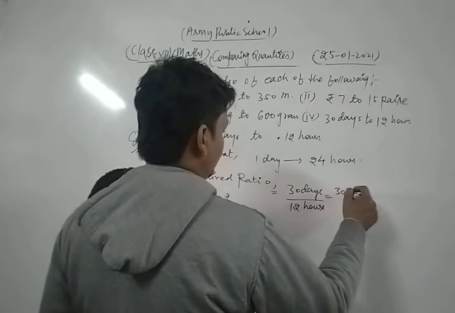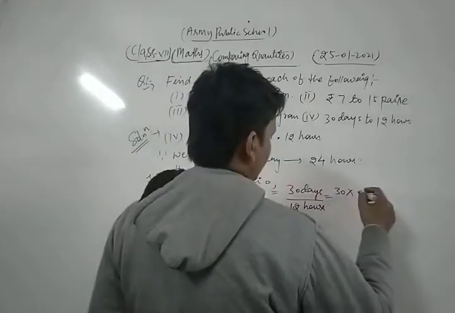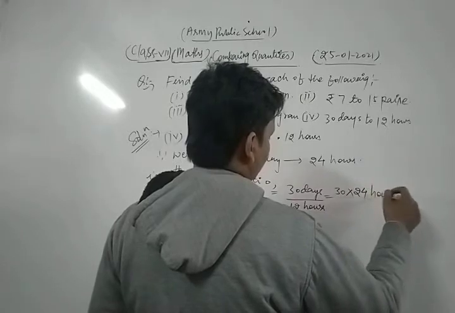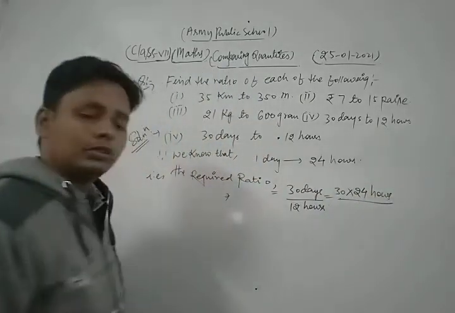We write 30 into 24 hours, since one day has 24 hours, divided by 12 hours.